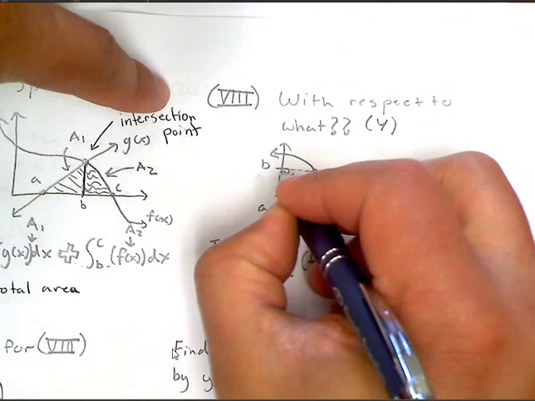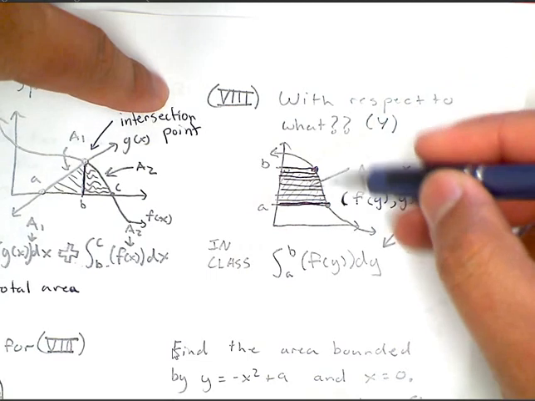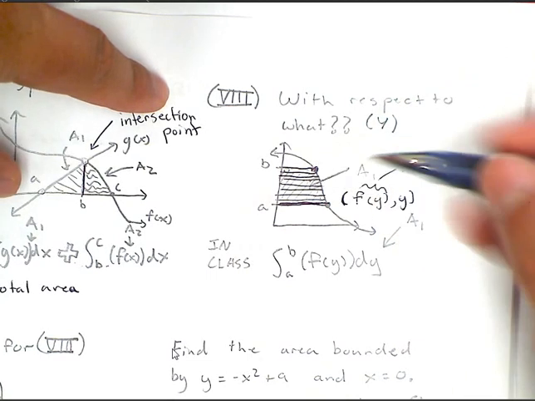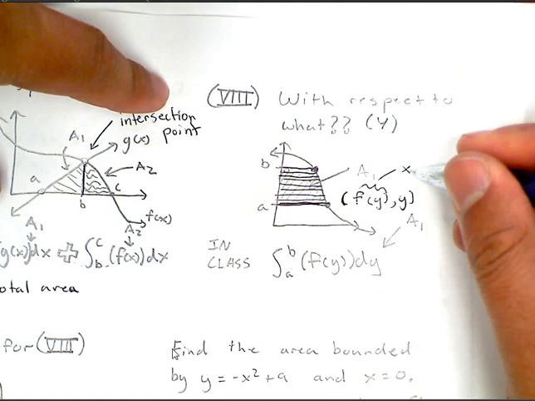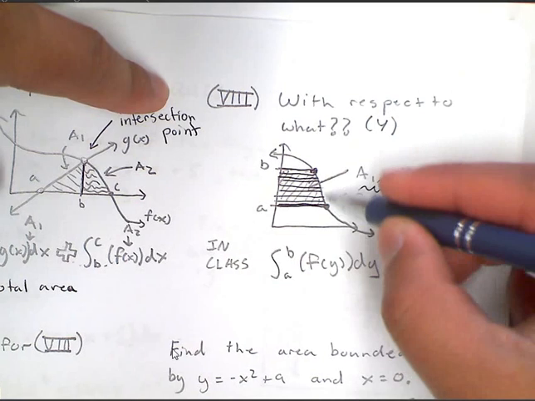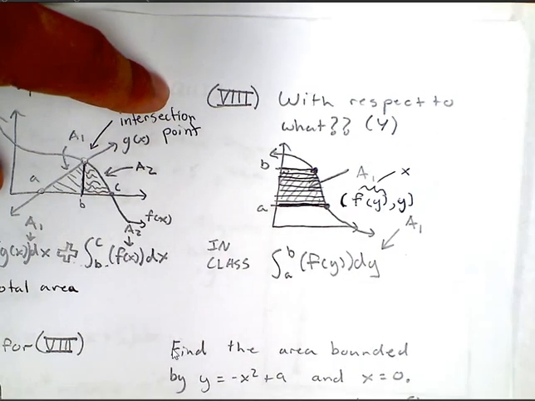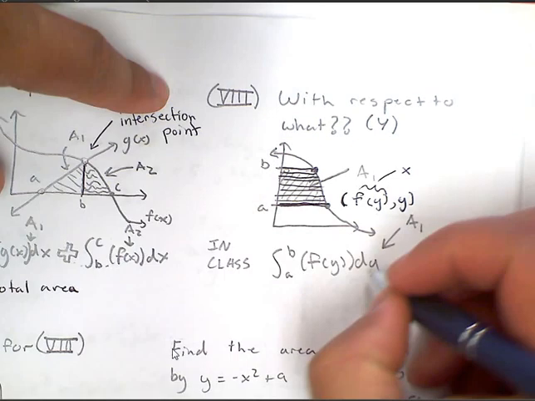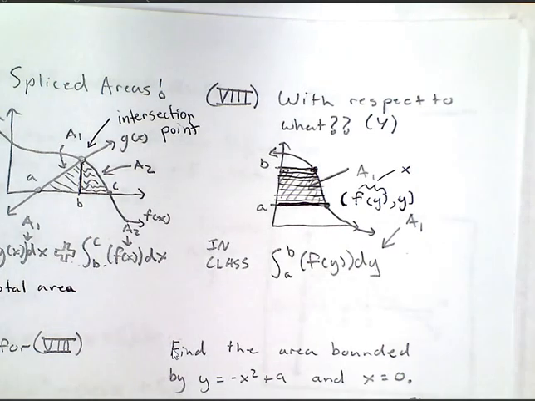But you're integrating across y, so you're integrating all these little rectangles that have an x height. So you need f of y's. You want to add up all these infinite f of y's. So we're integrating f of y dy. Now I know we haven't quite done one like this, so I'm going to do a quick example.